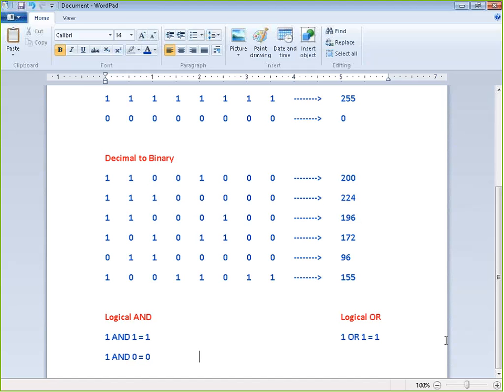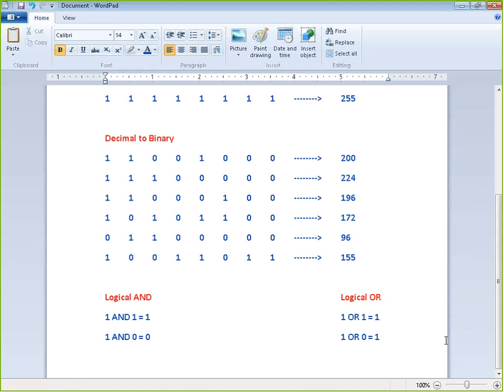Whereas when I talk about 1 OR 0, it's going to be 1. Then 0 AND 1 is going to be 0, whereas 0 OR 1 is going to be 1.